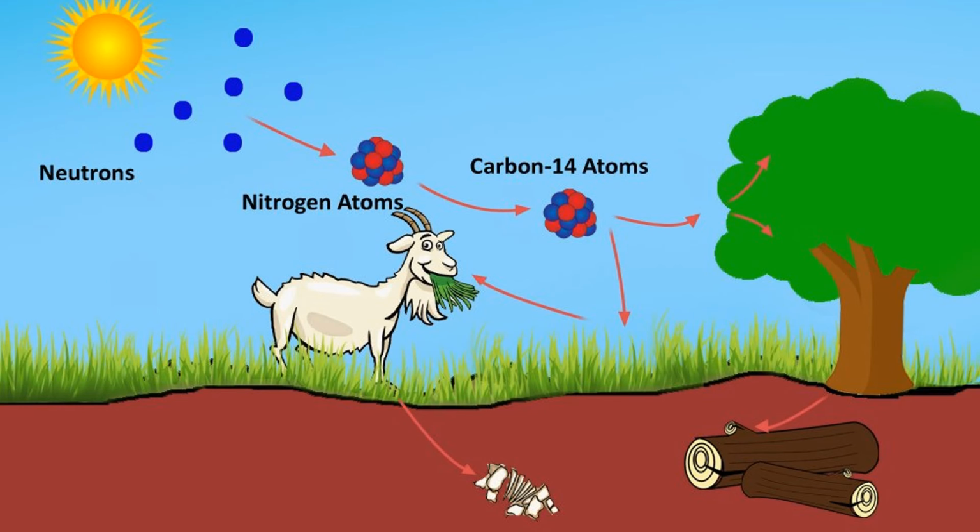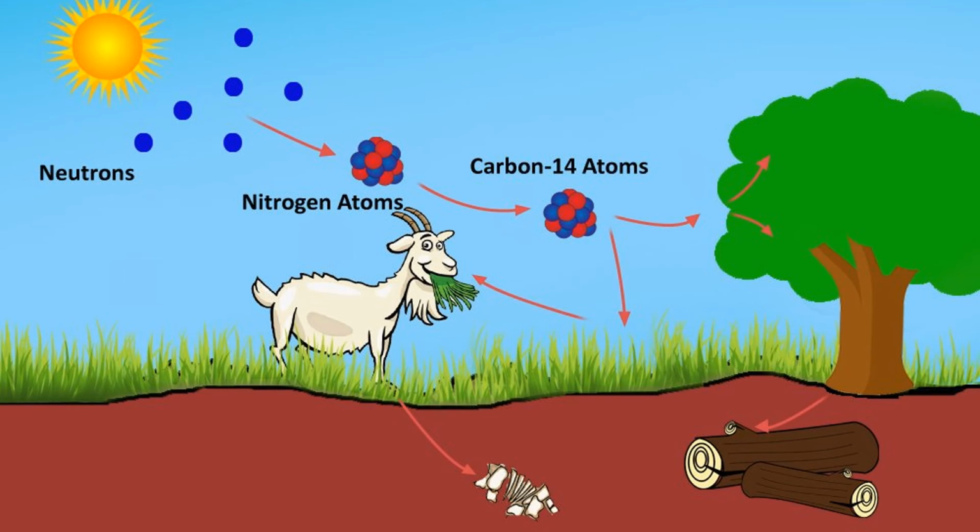Let's consider an example of absolute dating that you may be more familiar with. Carbon dating involves measurement of carbon-14, the parent isotope, and nitrogen-14, the daughter isotope.